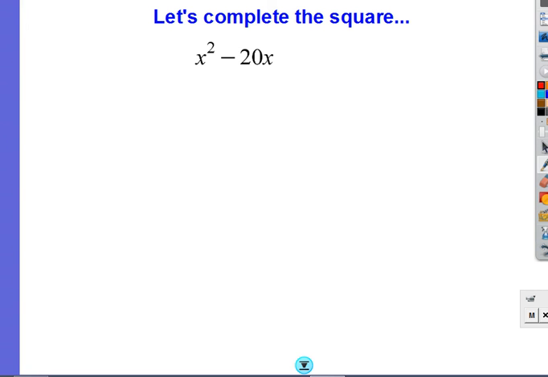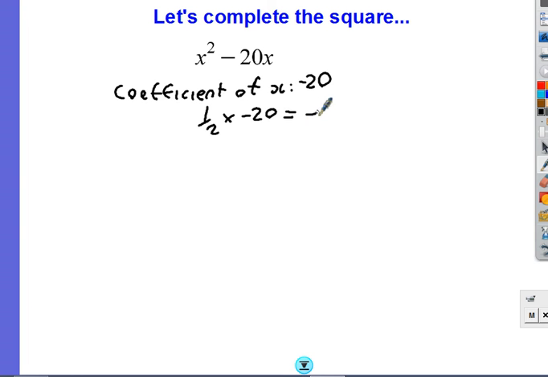So let's complete the square. Let's do an example here. What we want to do is find the coefficient of x, which is minus 20, careful, and then we halve minus 20, which equals minus 10, and that's one of the numbers we need to know.